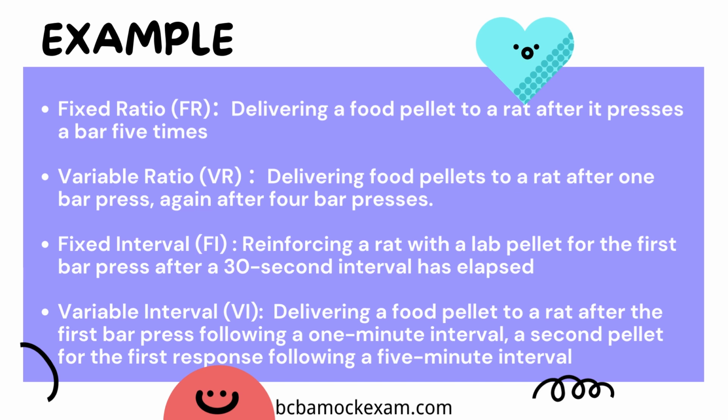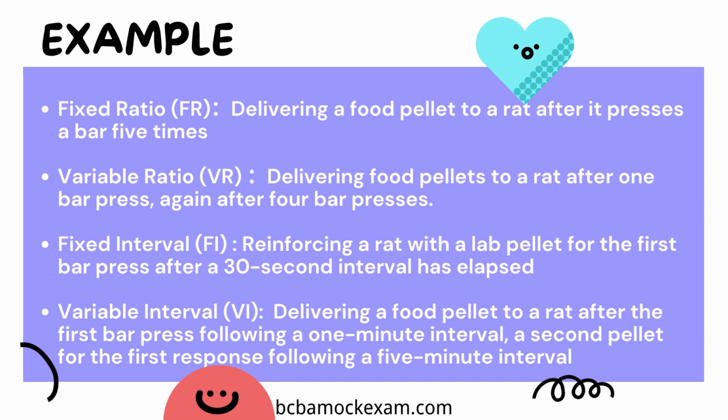Lastly, in variable interval VI reinforcement, the rat is reinforced after an average time interval has passed since the last reinforcement. For example, if the rat is reinforced on a VI 6-minute schedule, it might receive a food pellet for the first bar press following a 1-minute interval, then for the first bar press following a 5-minute interval, and so on.